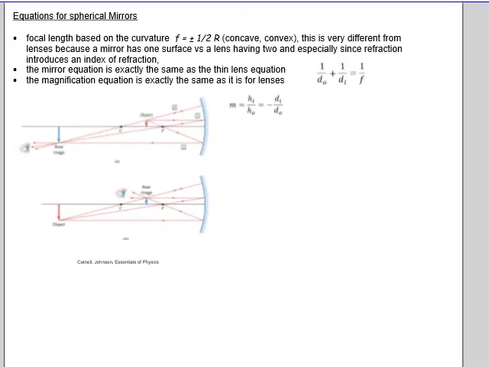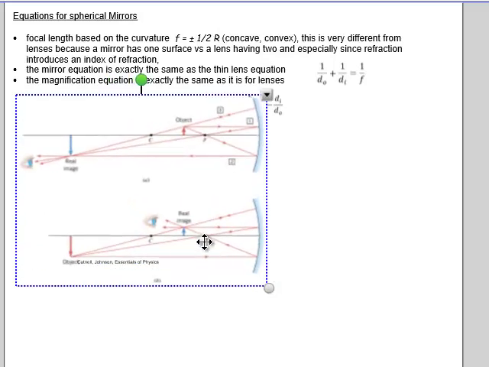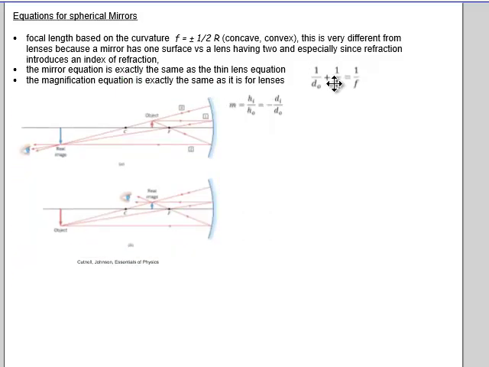This one here is the equation for spherical mirrors. The focal length based on the curvature is 1/2 r, the radius, and you can see it here in this drawing again from the book that the focal length is at half the radius. That can be derived. Then there is what's called the mirror image, and the plus and minus, by the way, goes for concave mirrors versus convex mirrors.